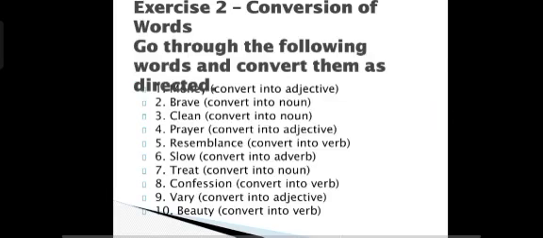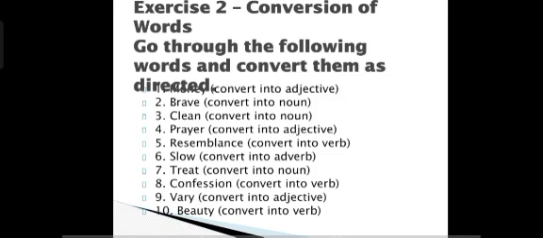The conversion of words. How to convert from one word to another. Money, brave, and so on, and the part of speech you have to convert into I have given in brackets. First one, money, convert into adjective. Second one, brave, convert into noun. Third one, clean, convert into noun.